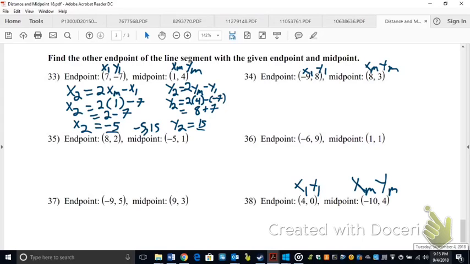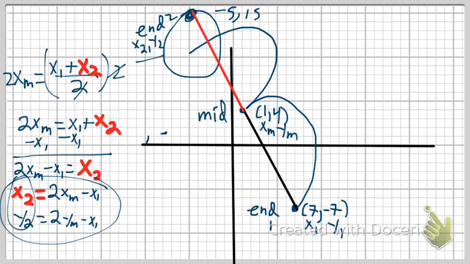Let's look at the graph and see whether that works. And it does. See how that point, negative 5, 15, is in the general area where we put it? I can connect a point, look at everything, and say, yeah, that makes sense. The black line and the red line look pretty identical.